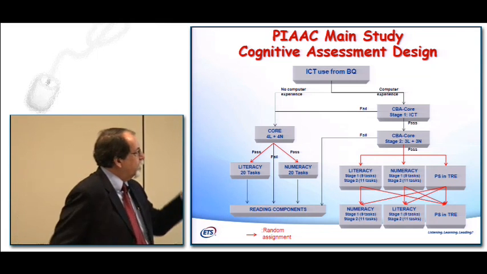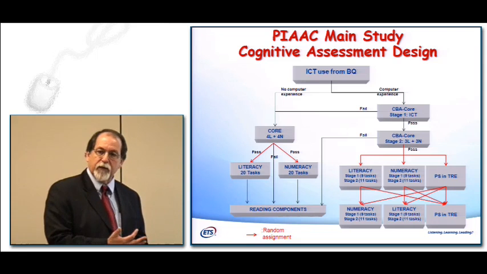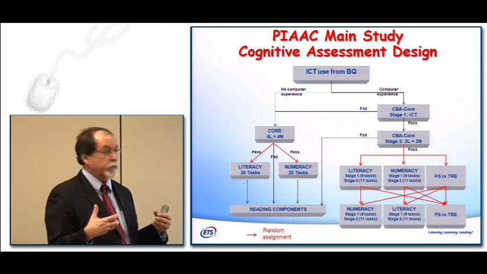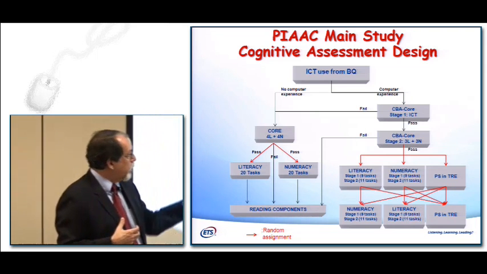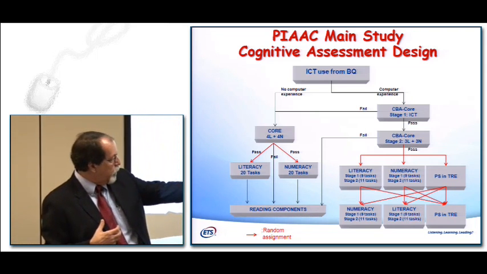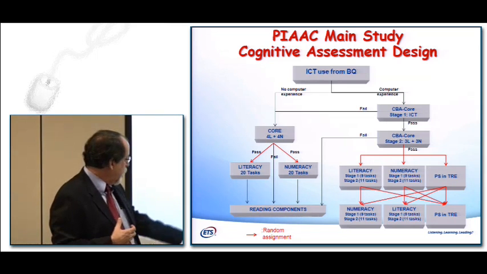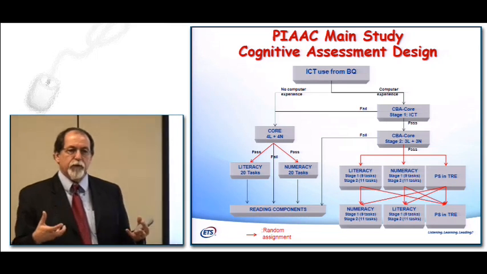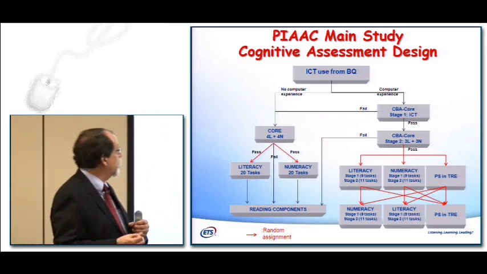You can see a lot of things here. One is it deals with the complexity of paper and pencil and computer. It allows you to integrate both in a single design. It introduced new constructs. One is the PS and TRE that you see over to the right. And we also did reading components for people at the lower end of the scale. So we were able to measure things that we never measured before.